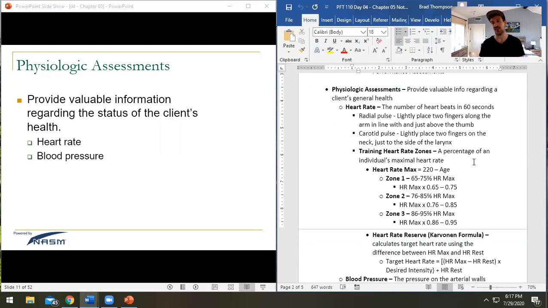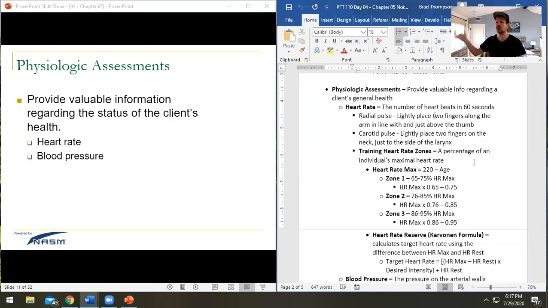Now, it's not very practical for us to do an assessment of everything related. I'm not going to pull your blood out of your body and measure how much iron it has in it, which is definitely part of how your cardiovascular system functions. But I am going to measure things like your heart rate, because I do know that your heart rate is directly related to how well your entire cardiovascular system is performing.